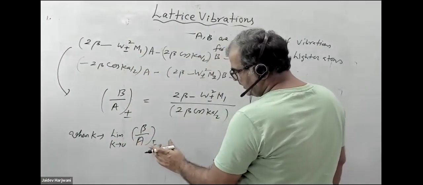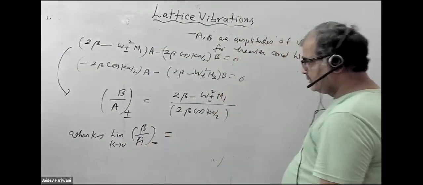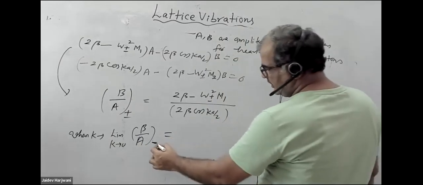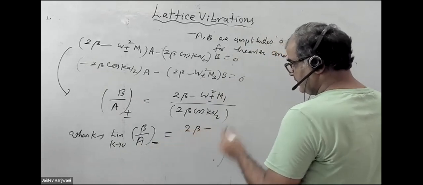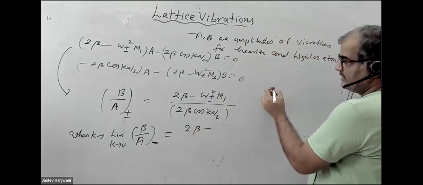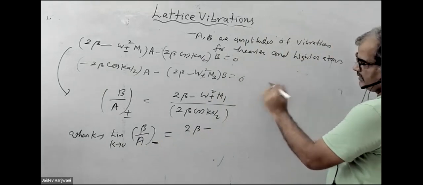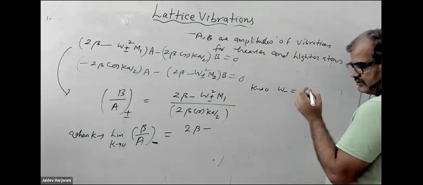So let us say for the minus branch, the acoustic branch. So we have 2 beta minus omega minus 1 when k tends to 0. What is the value of omega minus 1?